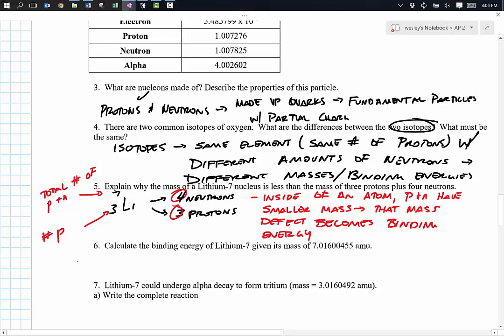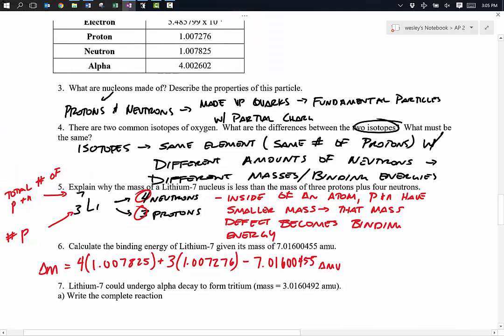So my mass defect, delta M for lithium-7, is going to be 4 neutrons, so that's 4 times 1.007825, plus 3 protons, 1.007276 AMU, minus the mass of lithium, 7.0160045 AMU.